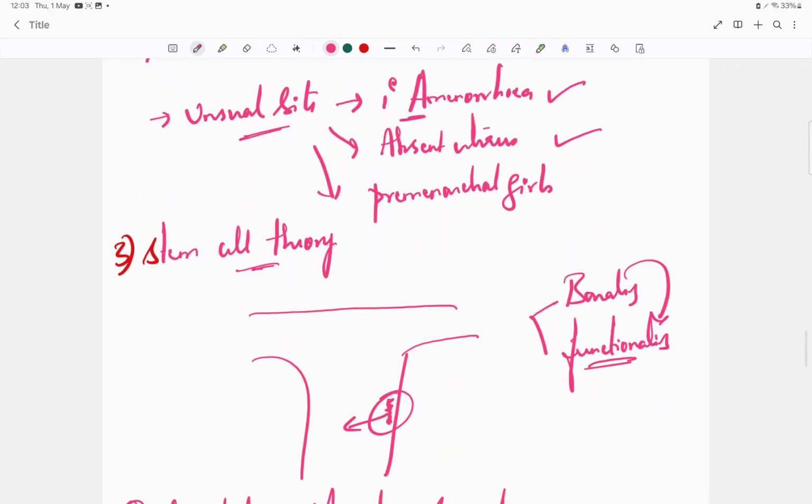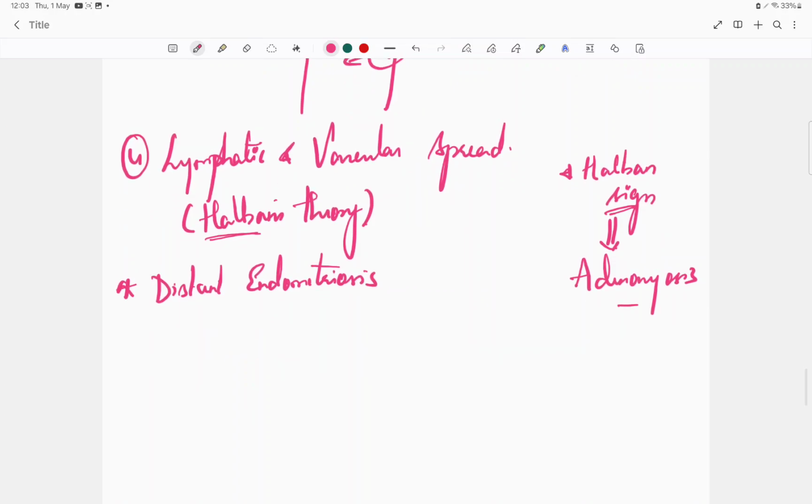These are the two theories which generally explain distant endometriosis, where the endometriosis is happening in abnormal locations like the pleura, endocardium, lungs, umbilicus, bowel wall, lymph nodes. All these areas will be affected based on this theory. This theory explains it exactly like a malignancy.